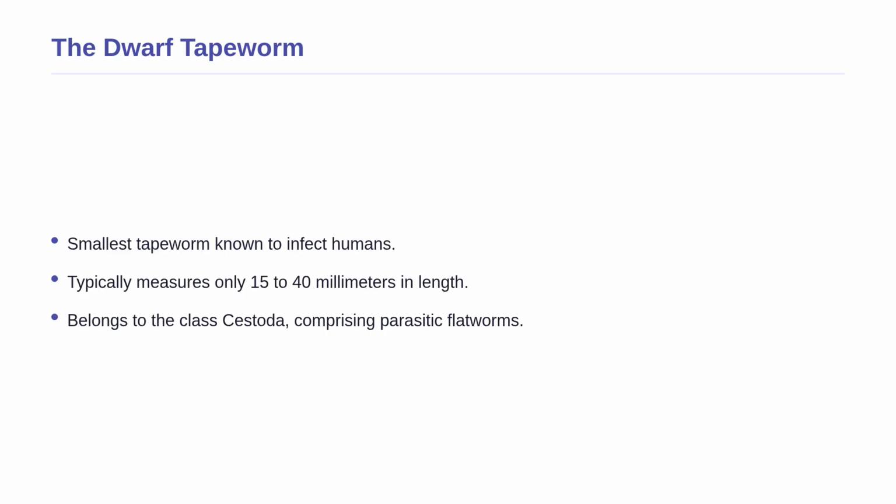Despite its incredibly small size, it belongs to the class Cestoda, which includes all parasitic flatworms. Do not let its microscopic stature fool you. What it lacks in size, it more than makes up for in its ability to rapidly multiply and cause significant health issues within the human gut.